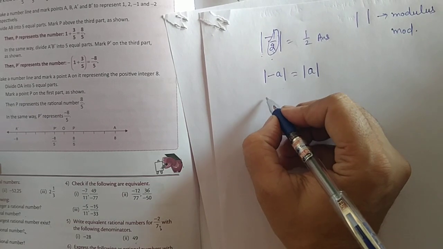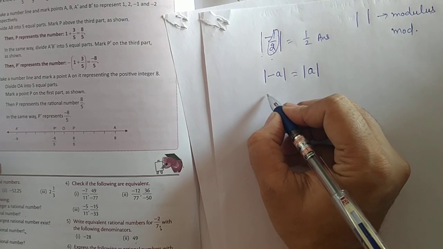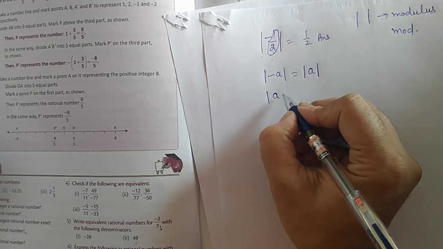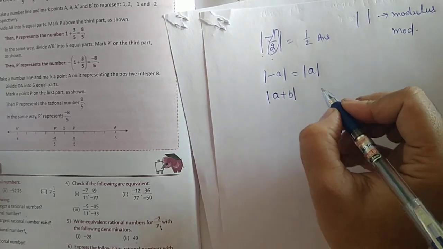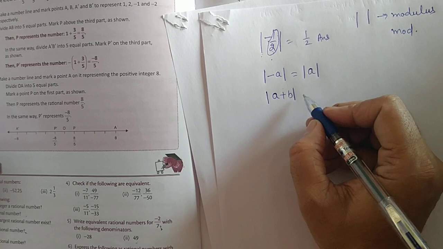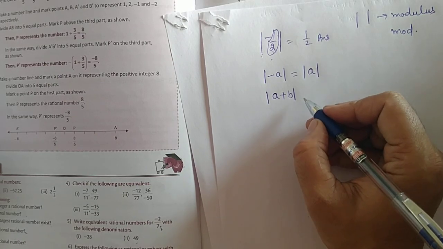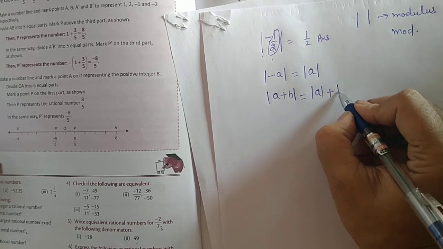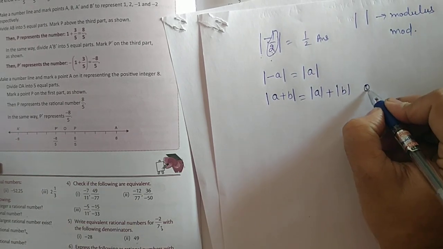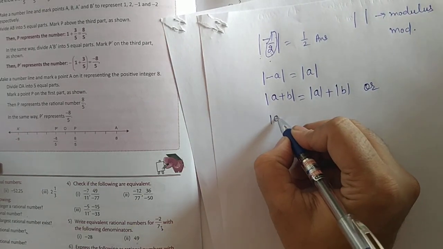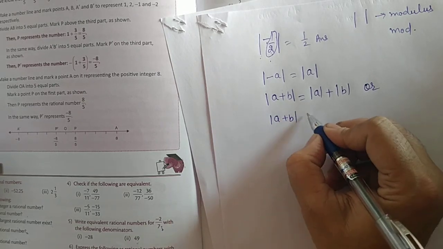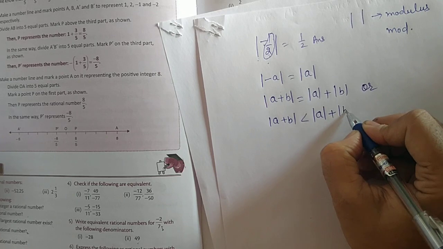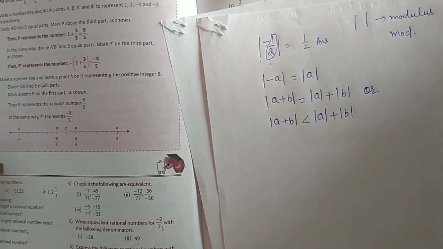And if we add two integers or rational numbers, suppose a and b are two rational numbers, then either mod of a plus b will be equal to mod of a plus mod of b, or mod of a plus b will be less than mod of a plus mod of b.